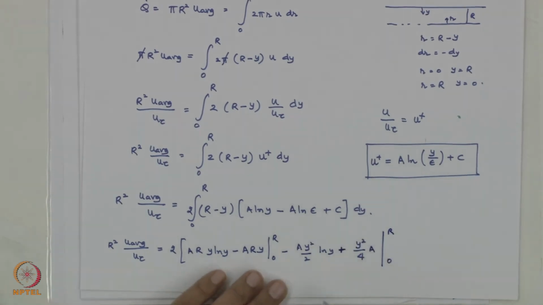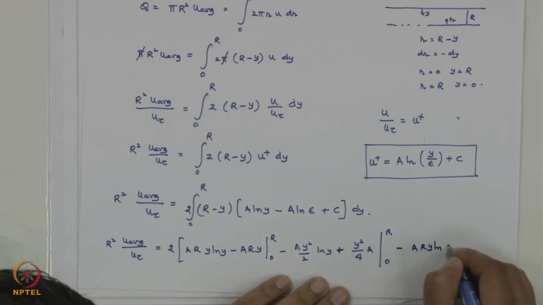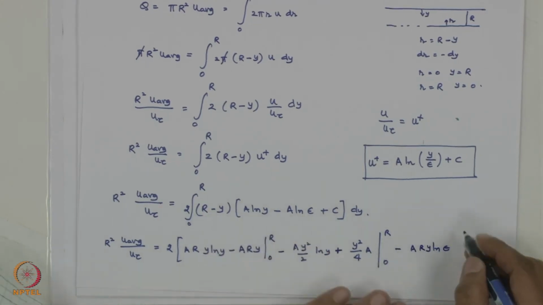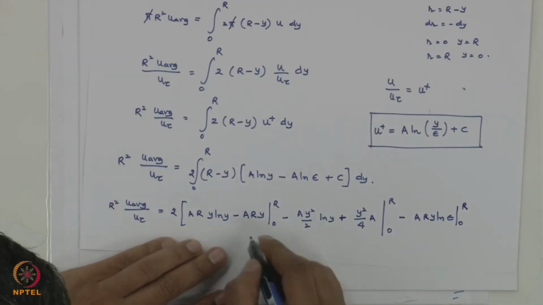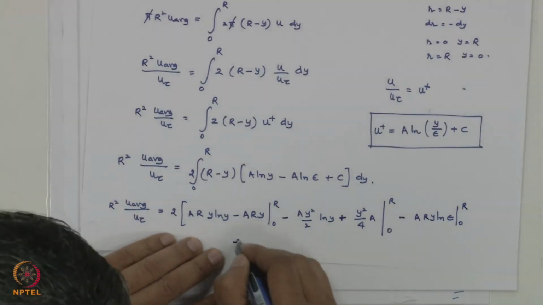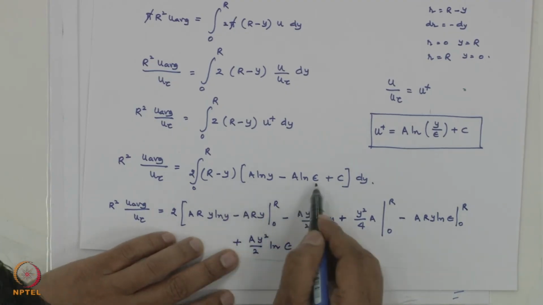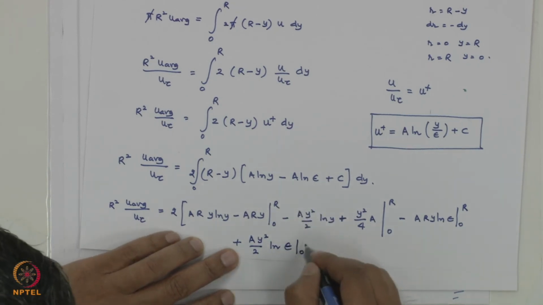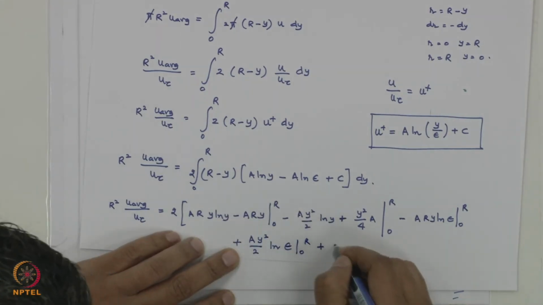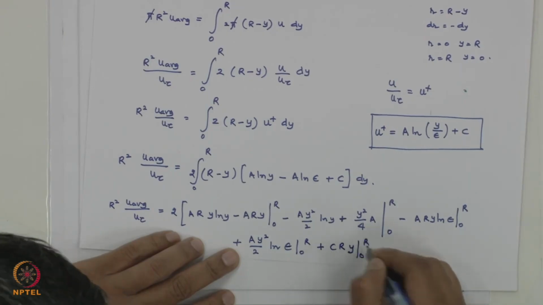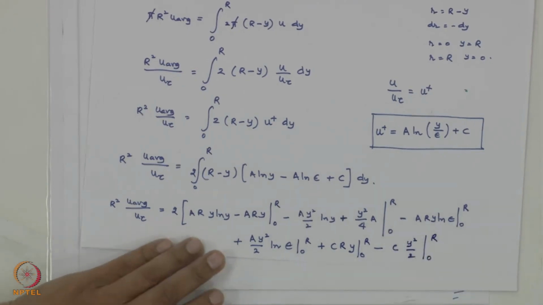Okay. Next, minus of a R y log epsilon, because this is a log epsilon times R, so you get y 0 to R, plus a y squared by 2 log of epsilon, because you have y a log epsilon, so you get y squared by 2 0 to R, minus into minus it makes it plus, plus of c R y 0 to R minus c y squared by 2 between the limits 0 to R. Okay.